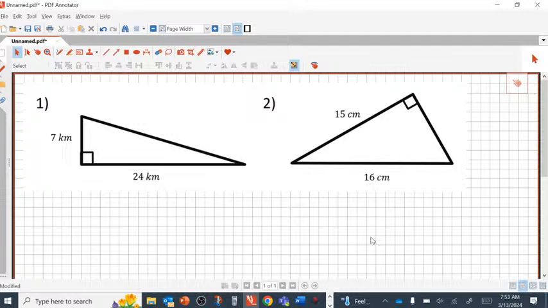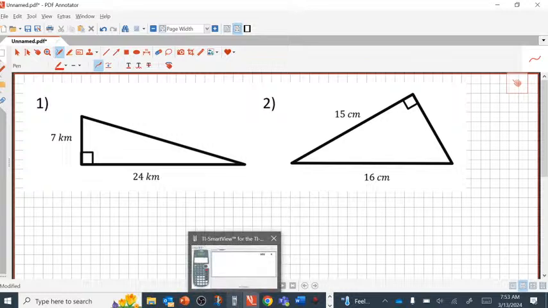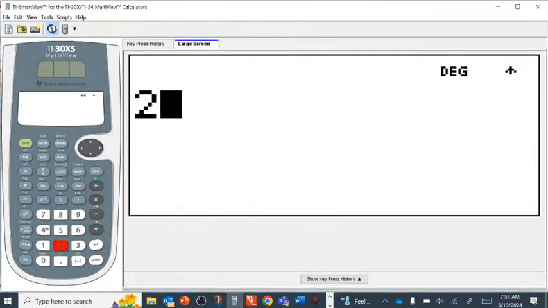Okay, let's see here. Betsy, how am I going to find the unknown length of this right triangle here? This first one. Right. You find the area of the squares on there.